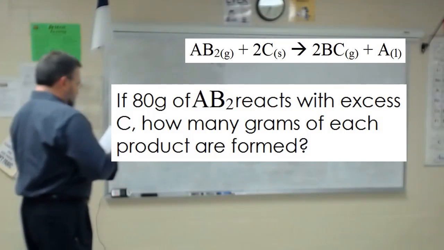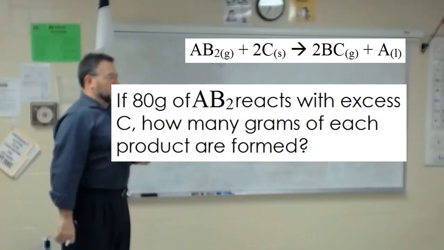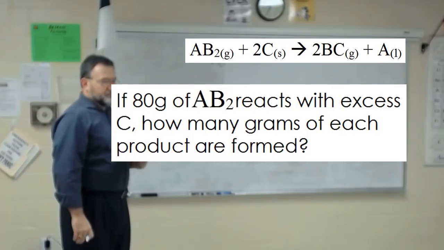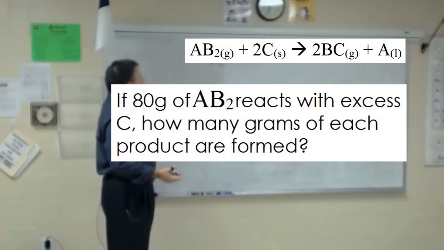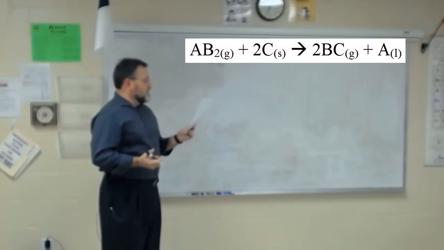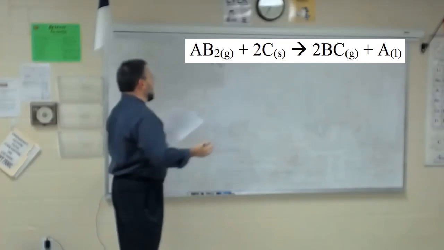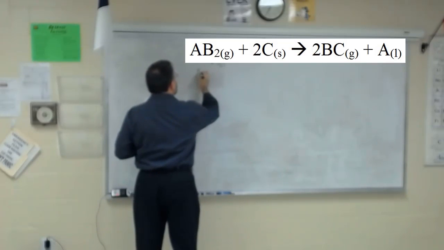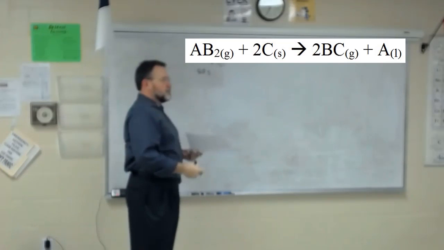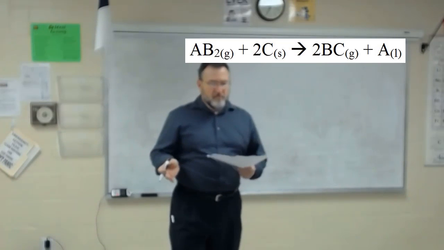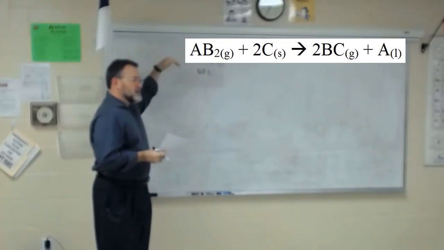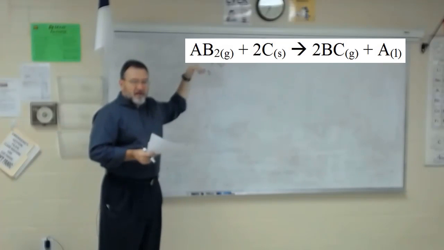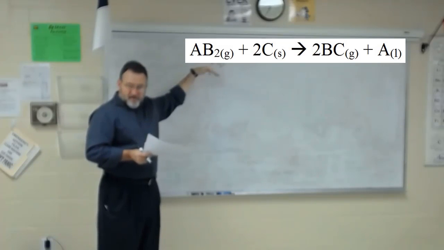But if the question says, if 80 grams of AB2, according to the process I've given you, go to the molecule where they state AB2, how much? 80 grams. Again, I kept it easy with no decimals, nice round numbers. Okay. So 80 grams. Remember, the space right below the reaction equation is reserved for mass.